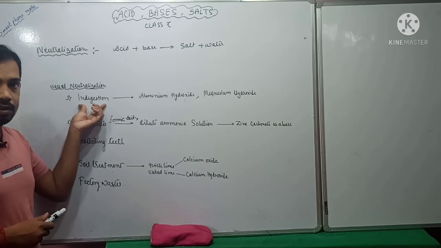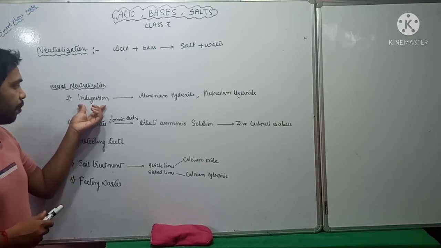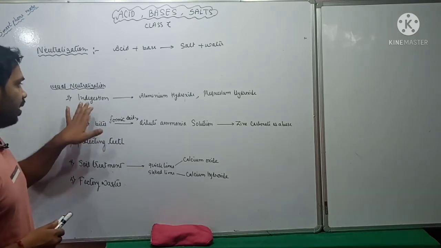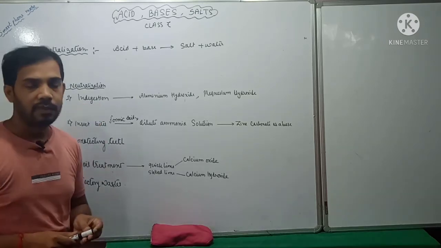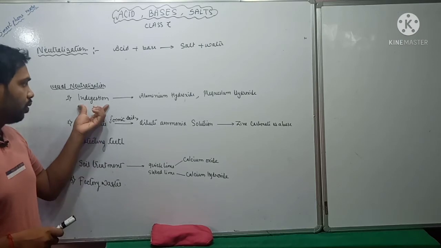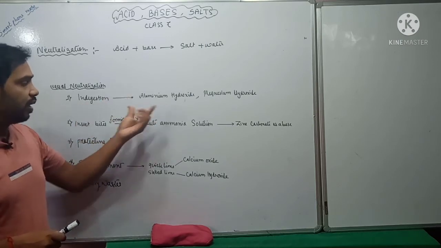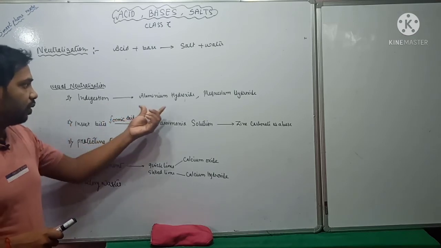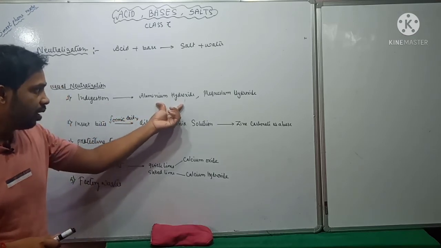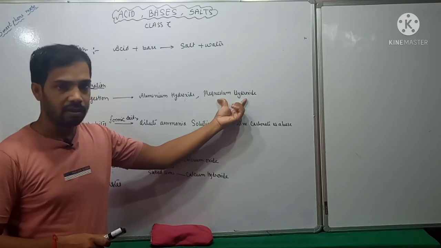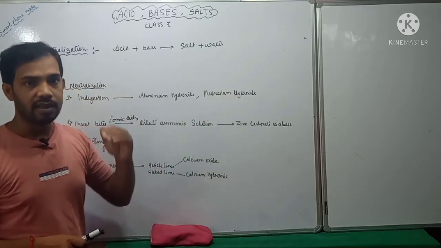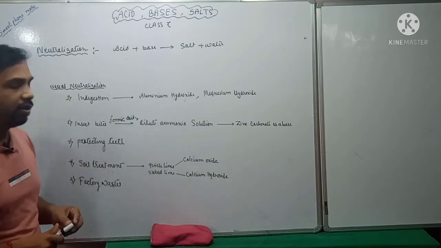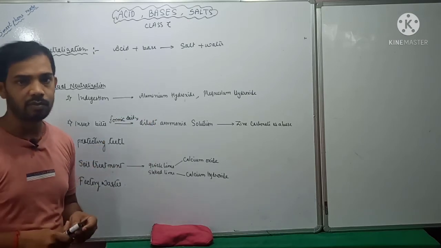To subside the stomach ache, we use solutions that are slightly basic. The person will take tablets containing ammonium hydroxide or magnesium hydroxide. As a result, the acidity reduces and becomes neutral, so he gets relief from the pain.